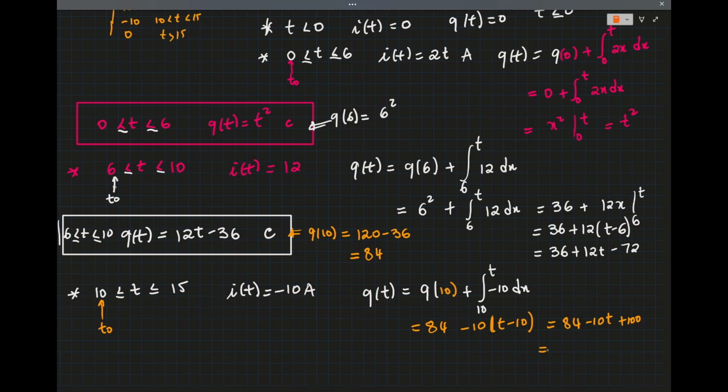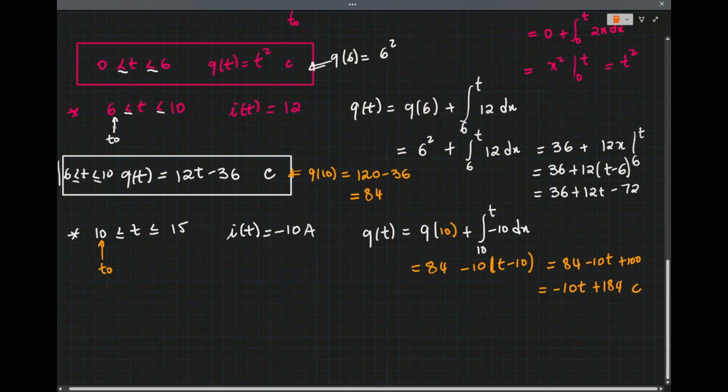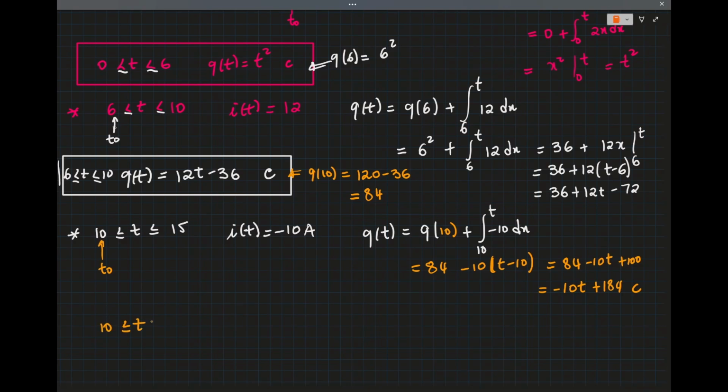So that is negative 10t plus 184 coulombs. Okay, so for 10 less than or equal to t less than or equal to 15, Q of t is equal to negative 10t plus 184 coulombs.